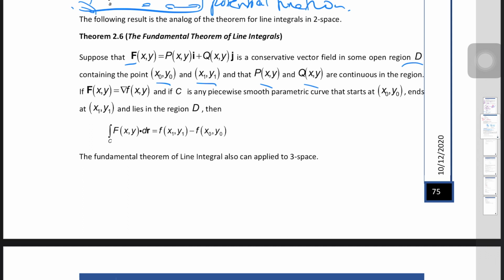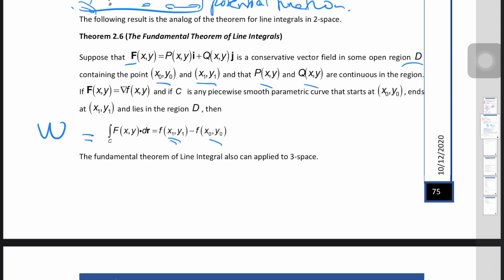If F(x,y) equal to the del of f(x,y), and C is any piecewise smooth parametric curve that starts at (x0,y0) and ends at (x1,y1) and lies in the region D, then the work done, equal to the integral of F dot dr equal to f(x1,y1) minus f(x0,y0).